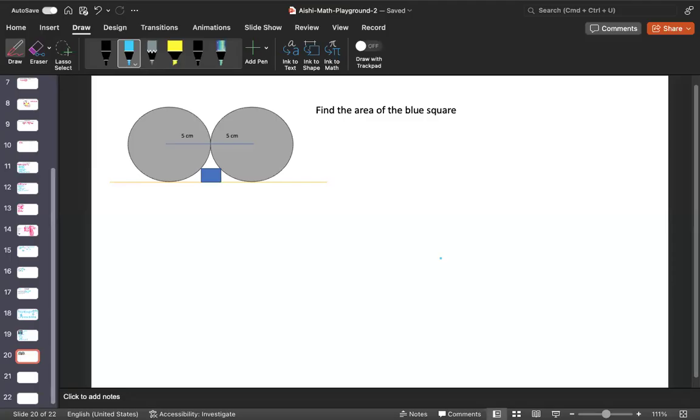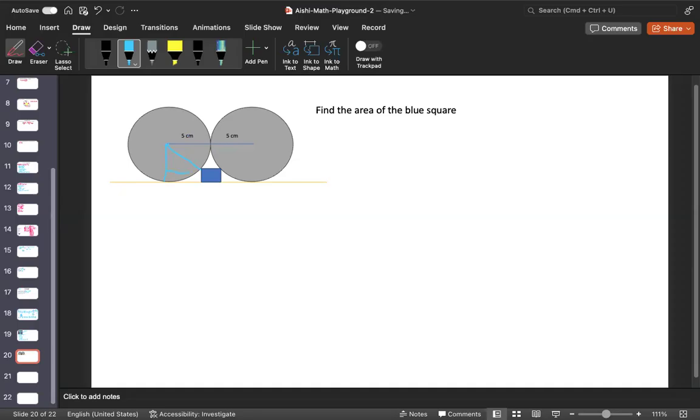Okay, third and last question for now. We have to find the area of the blue square, and we have two circles above it with a radius of 5 centimeters each. So here again, if we use the Pythagorean theorem, we can make a little triangle over here.